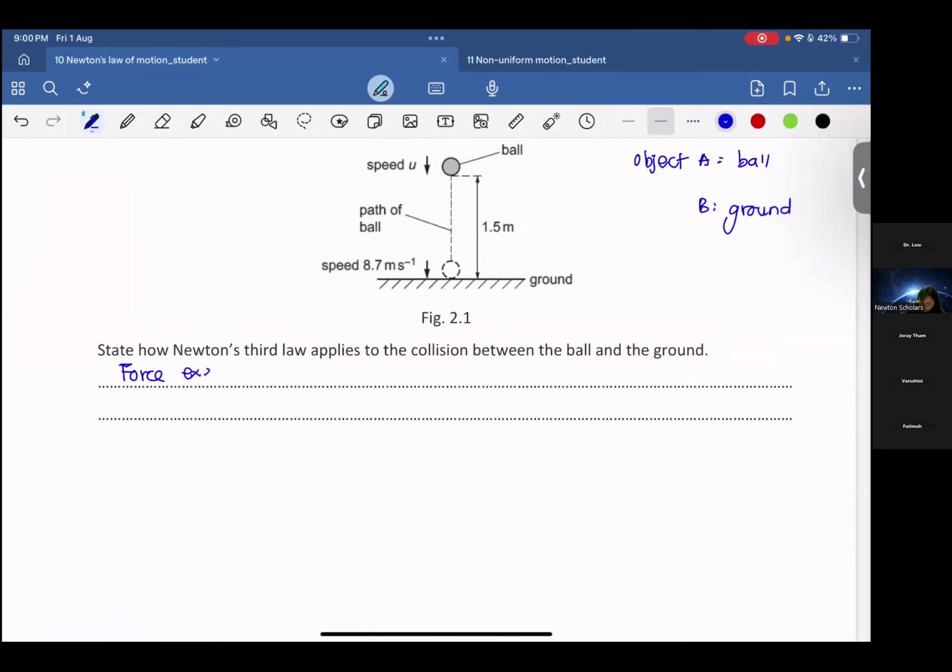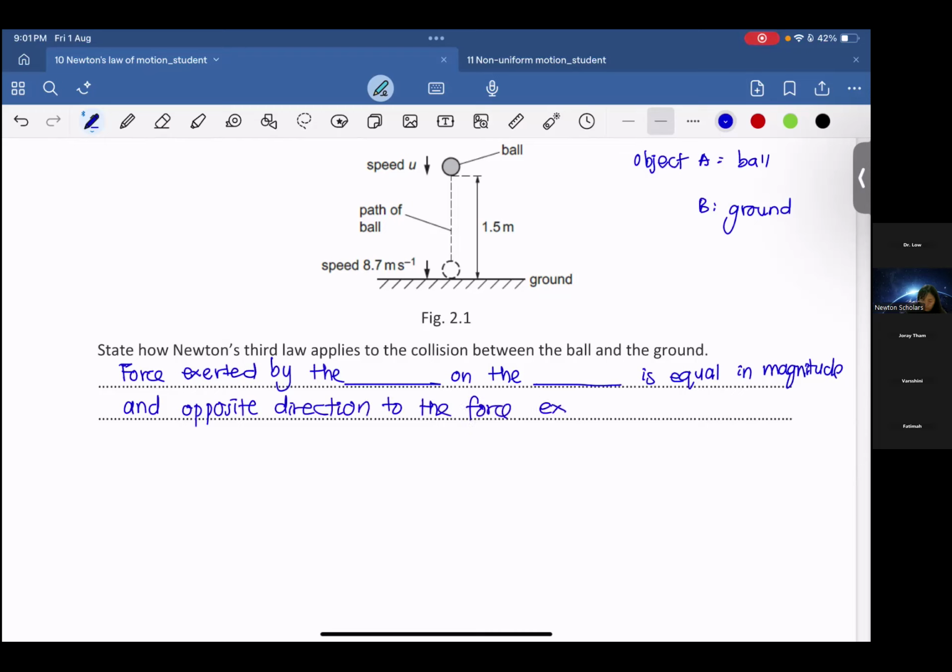So we write it together how Newton's third law applies. Force exerted by the what, on the what, is equal in magnitude and opposite in direction to the force exerted by the what, on the what.